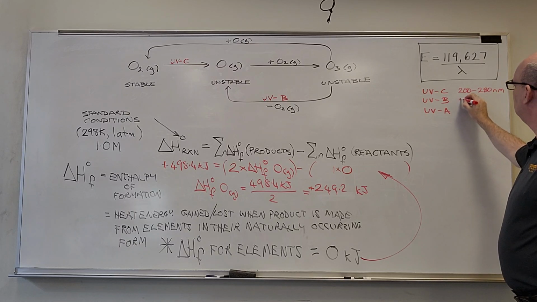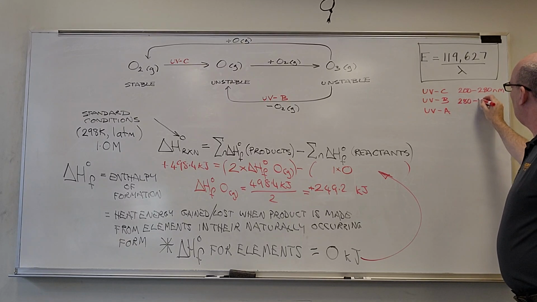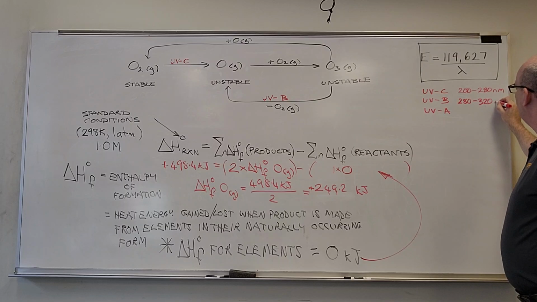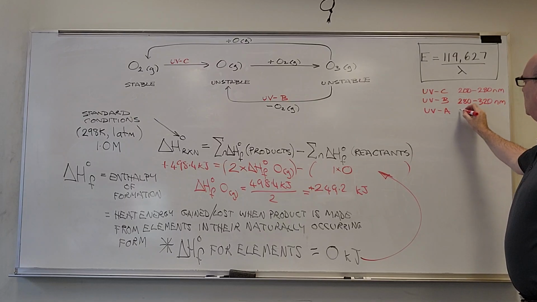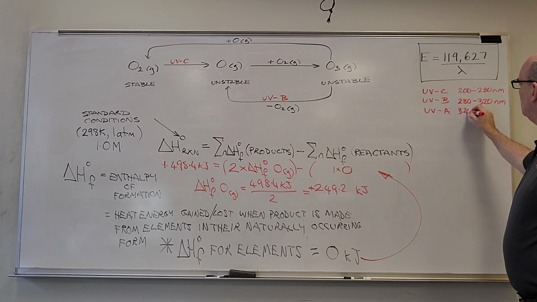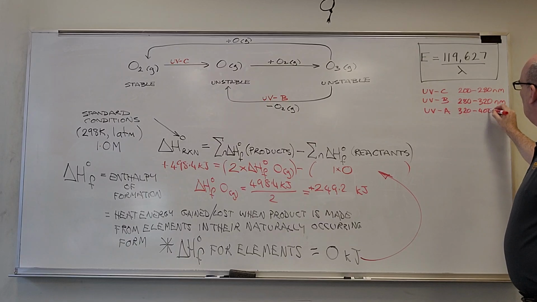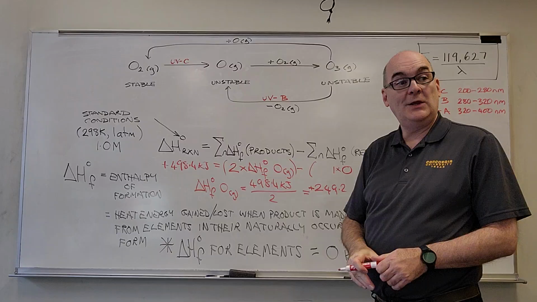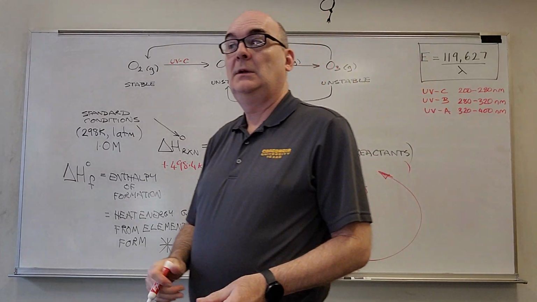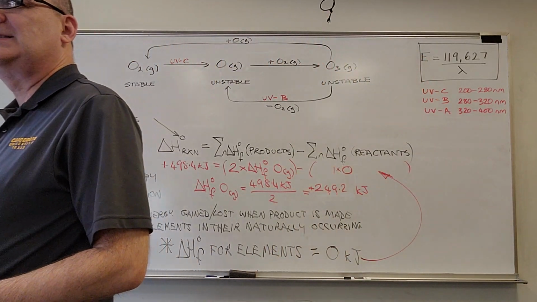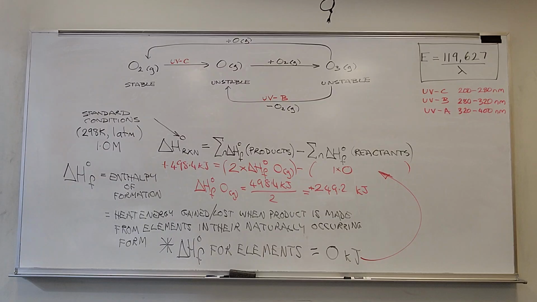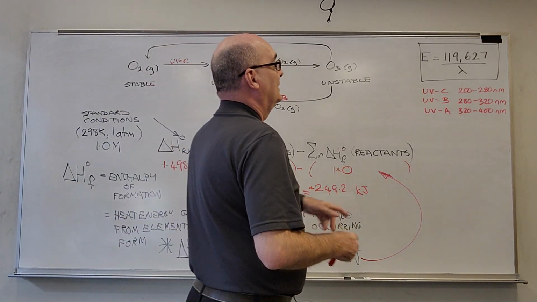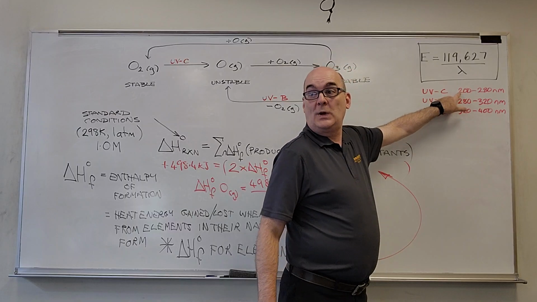It's 280 to 320 nanometers, and then 320 to 400 nanometers for UVA. All right. Of these three, C, B, or A, which is the highest energy wave? C is the highest energy wave because it has the lowest wavelength.